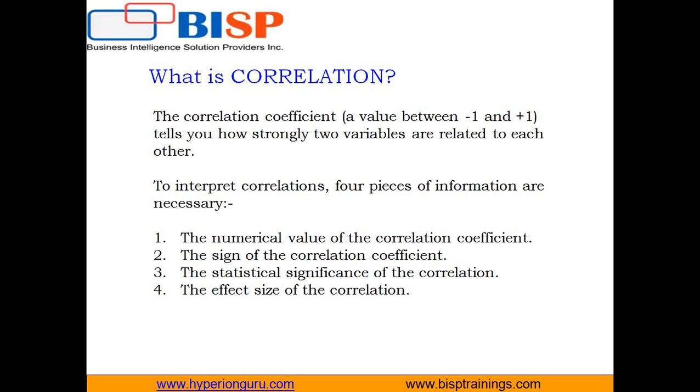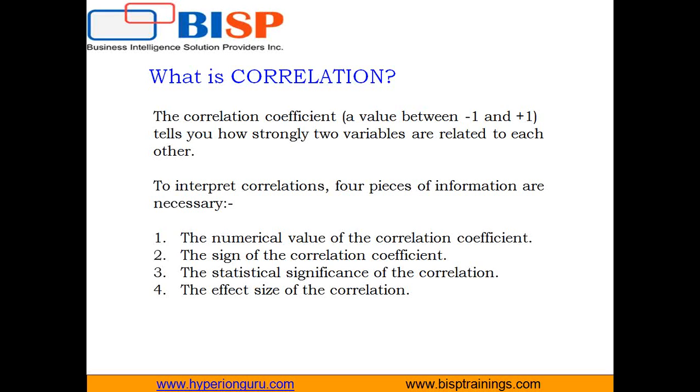The second point is the sign of the correlation coefficient. A positive correlation coefficient means that as variable 1 increases, variable 2 also increases, and conversely, if variable 1 decreases, then variable 2 also decreases. In other words, the variables move in the same direction when there is a positive relationship.